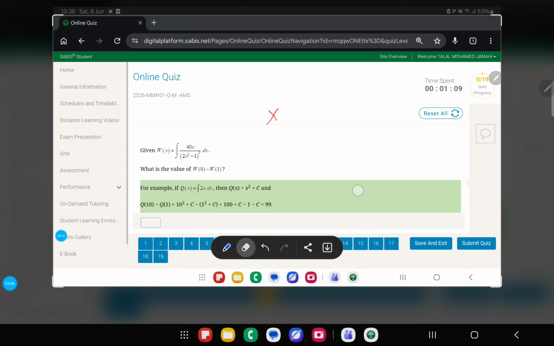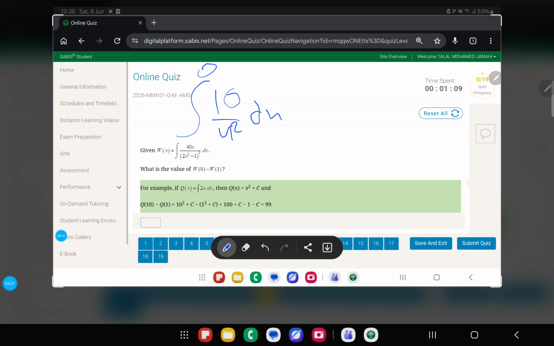Okay, we have 10 over u squared du. Now we can integrate it easily. We also have to integrate it according to the limits, 0 and 1. Wait a minute, sorry guys.